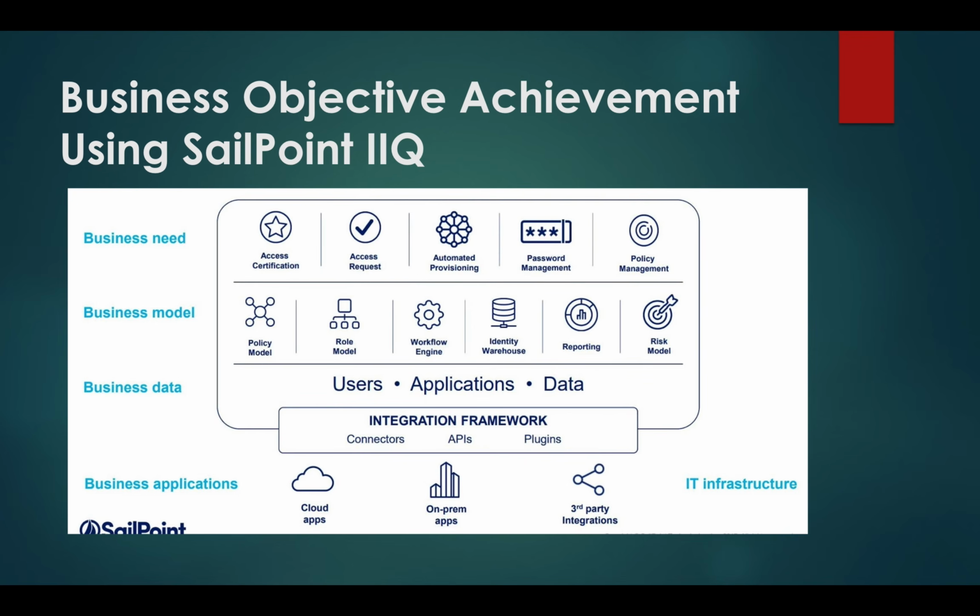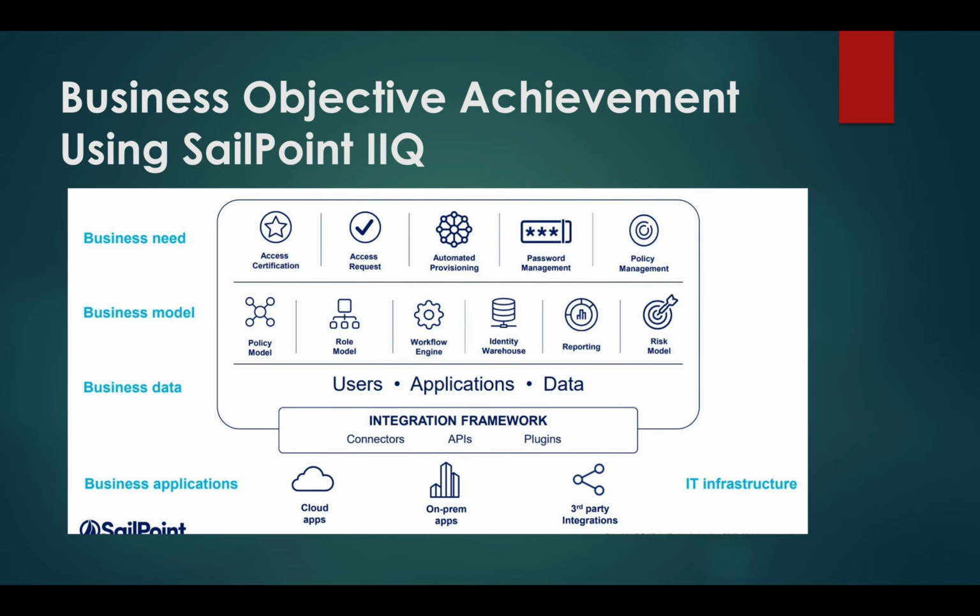So this is the basic architecture of SailPoint. The business needs in an enterprise could be things like access authentication, access requests, automated provisioning, password management, and policy management. In order to implement these business needs, SailPoint has come up with business models like the policy model, role model, workflow and engine, identity warehouse, reporting, and risk model.